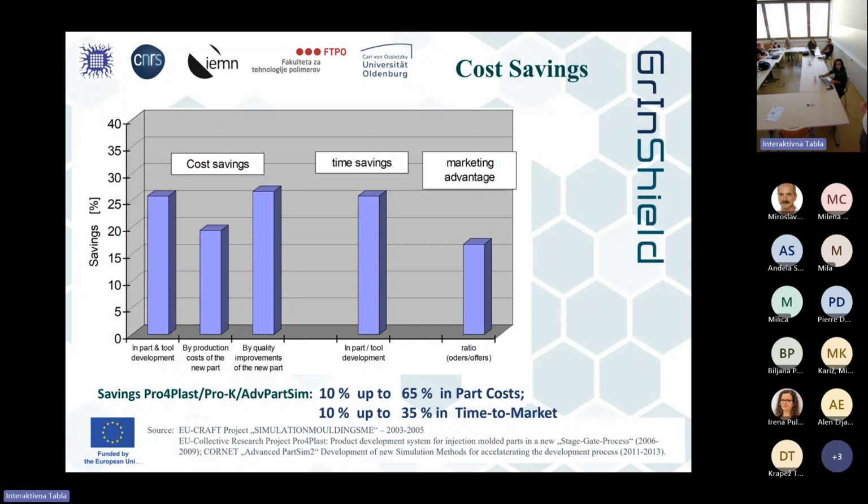These numbers came out of the projects from the companies and their experience. So that's what we can gain if we use a systematic development and if we use simulation, but not only flow simulation, but also structural mechanical simulation and lifetime prediction.